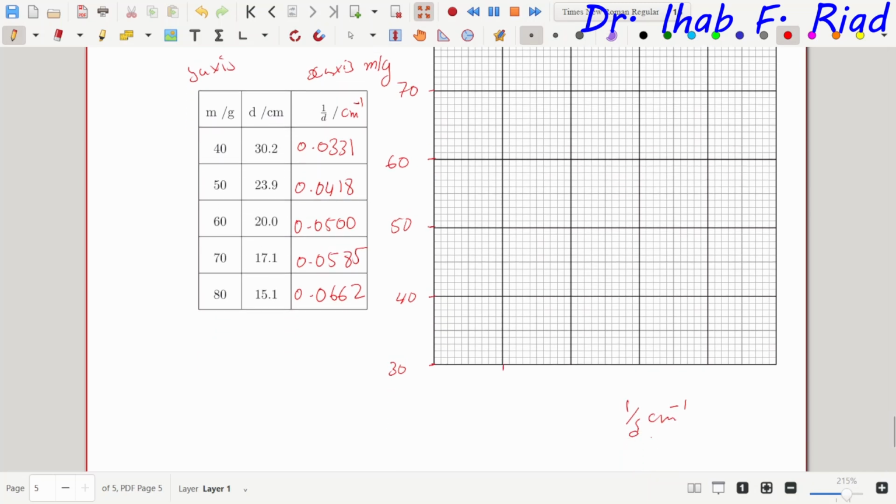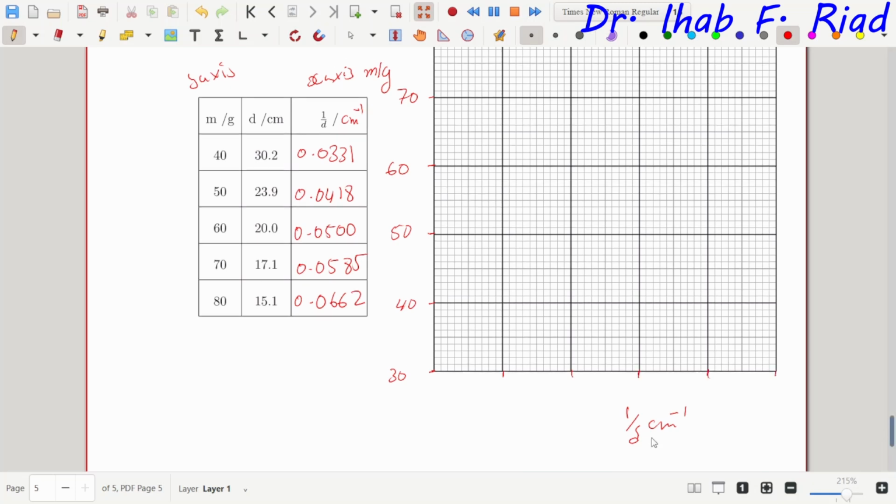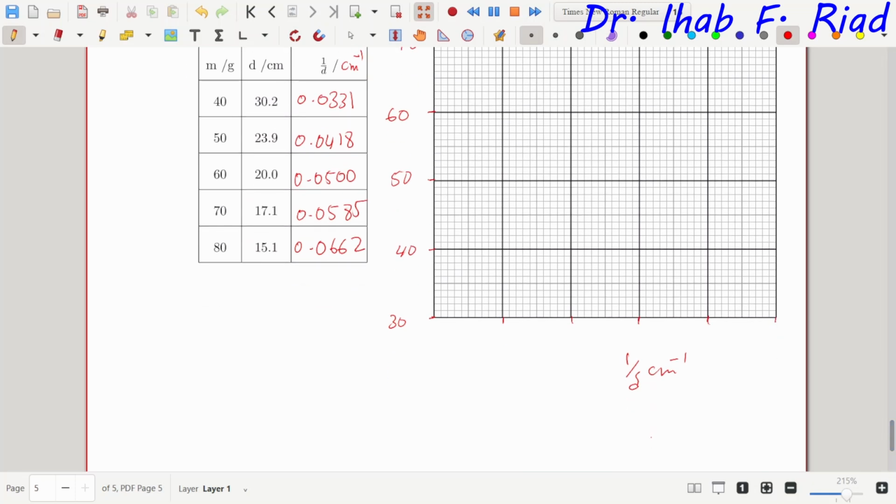What about the x-axis? Might be difficult to get it without doing some calculation. So we're going to take the maximum minus minimum, and we divide by the number of squares. So what is the maximum? 0.0662. What is the minimum? 0.0331.